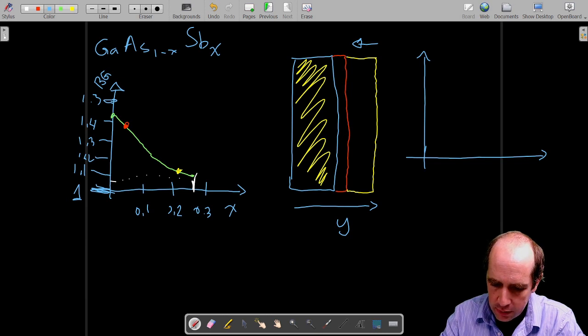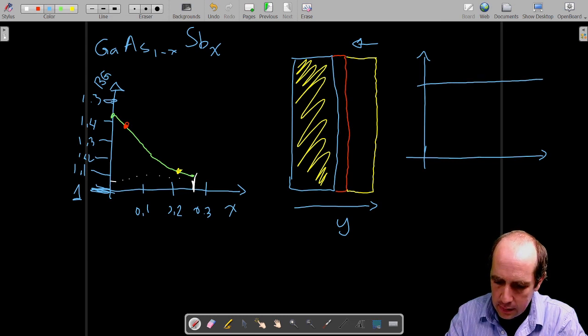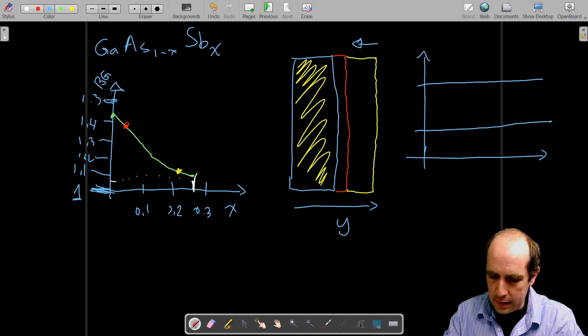If we put the conduction band, or the edge of the conduction band, we will have that. Then the edge of the valence band will be like that.